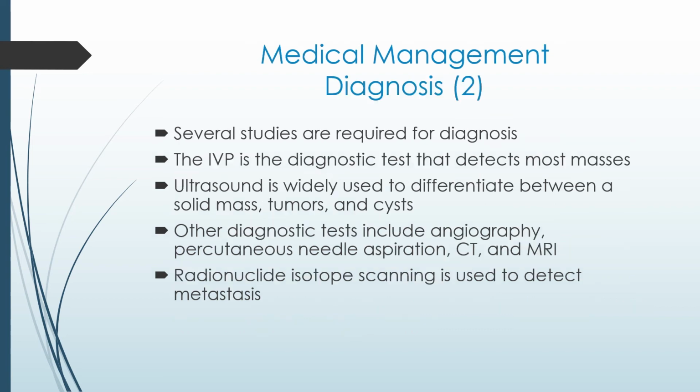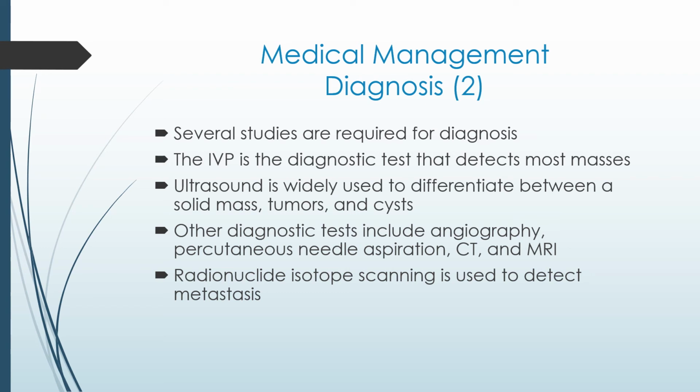Several studies are required for this diagnosis. The IVP is the diagnostic test that will detect most masses. Ultrasound is widely used to differentiate between a solid mass, a tumor, and a cyst. Other diagnostic tests will include angiography, percutaneous needle aspiration, a CT, and an MRI.